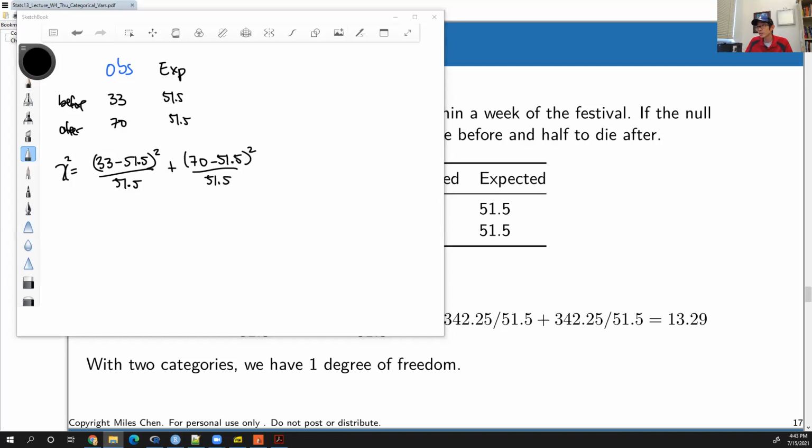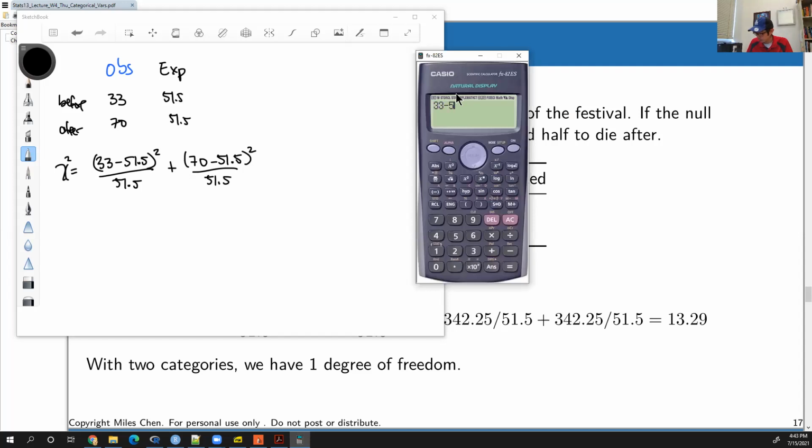Now, interestingly enough, whenever you have 1 degree of freedom, the numerators all end up being the same. The denominators, not necessarily. In our case, the denominators are the same, but 33 minus 51.5, where did my calculator go? So if I do this 33 minus 51.5, and I decide to square this number, I get 342.25.